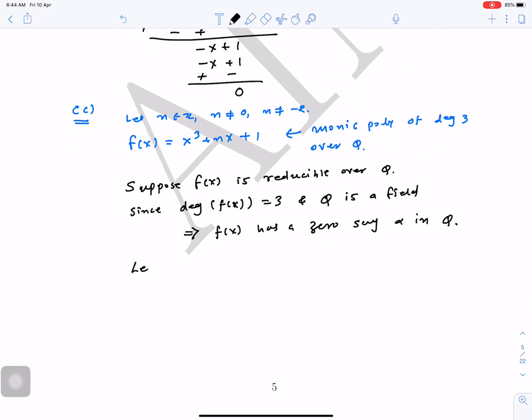So let alpha equal r by s, where GCD of r and s is equal to 1.